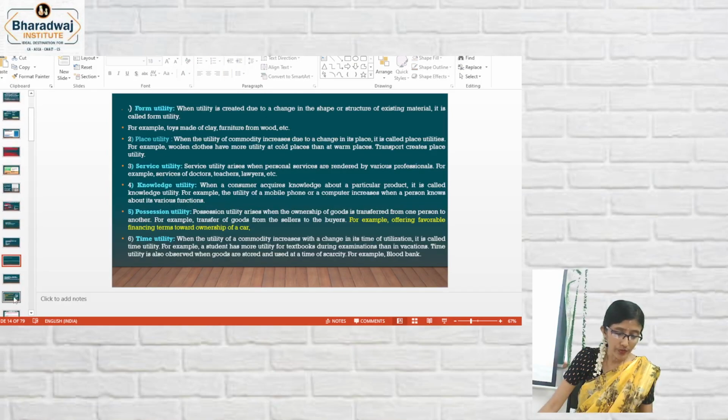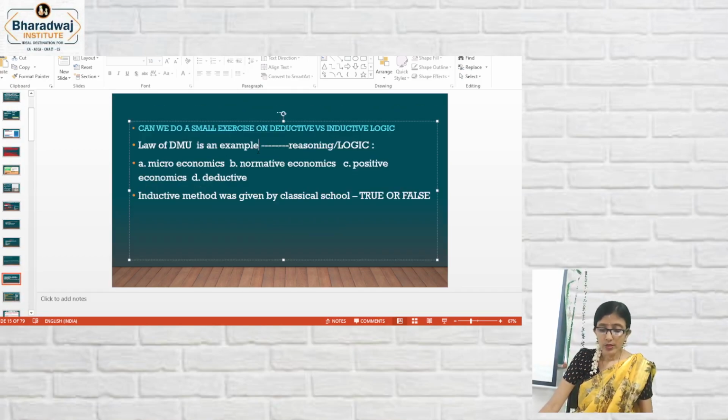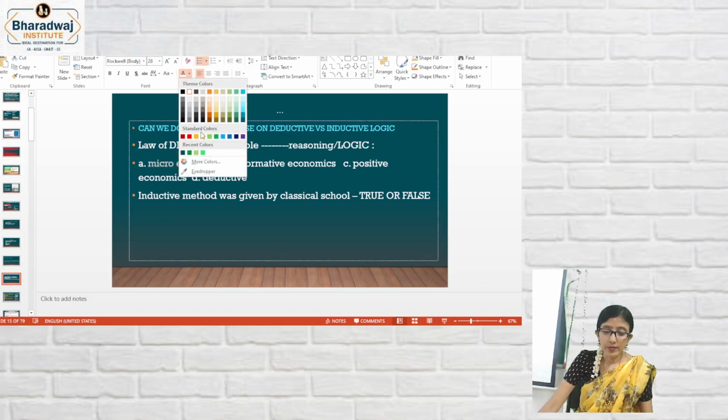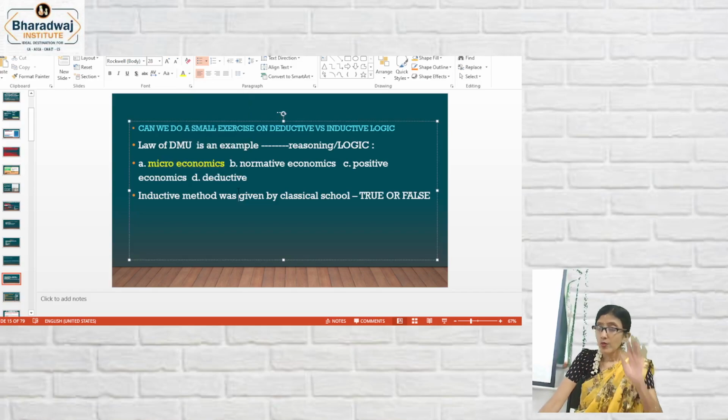I will show you now. Here, some students have opted for this, which is wrong because the question is about reasoning or logic. So please look at the end. Read the question till the end because 2 or 3 options may be appealing. Depending upon the question, you're going to answer. That is a sample question here.